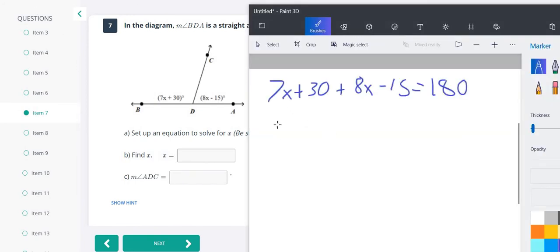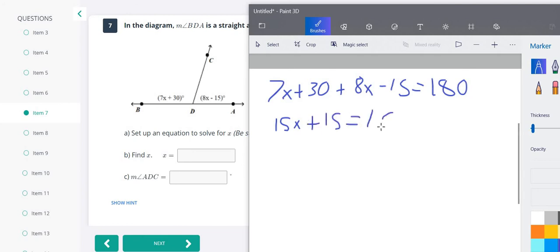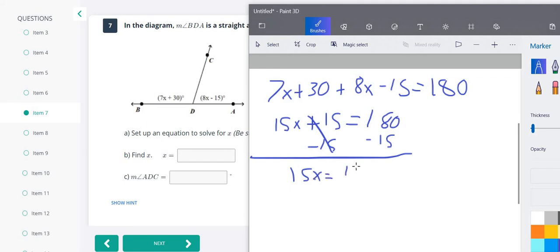All right, so again, combine like terms: 7x and 8x is 15x. 30 and minus 15 is plus 15, equals 180. Subtract 15 from both sides. 15x equals 165.